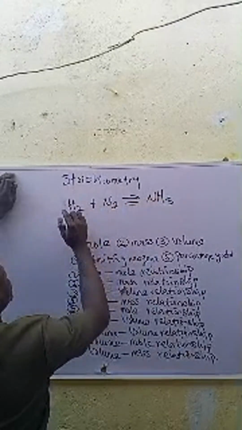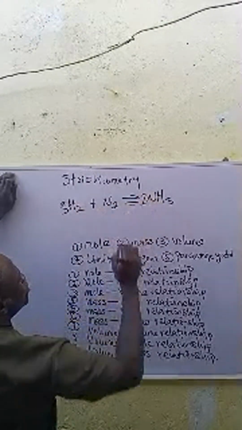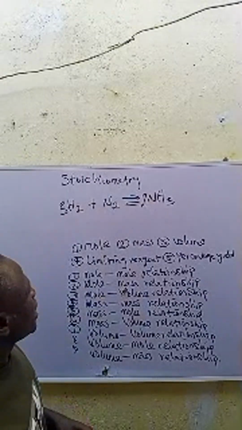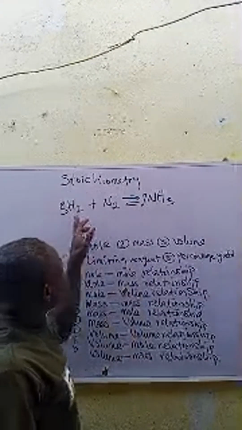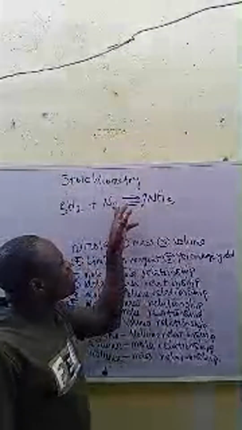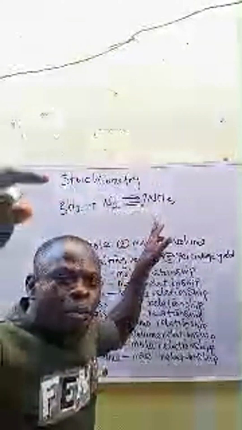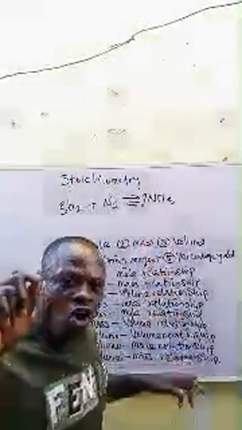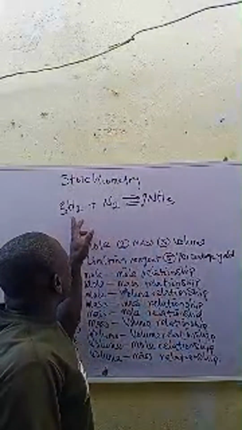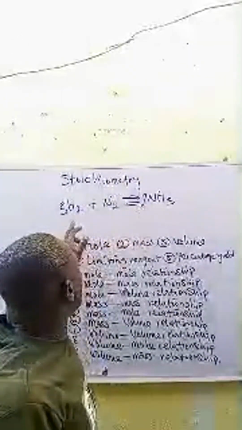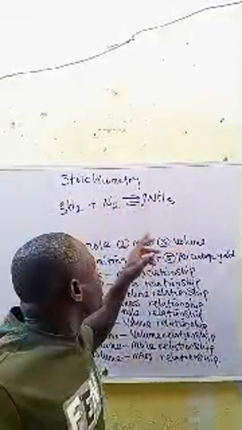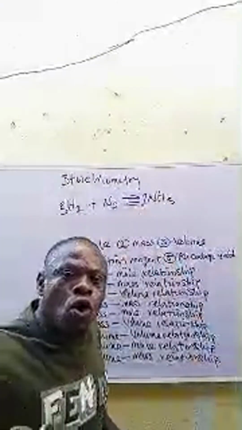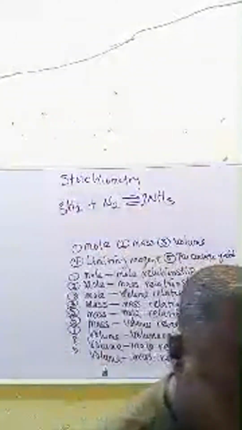Now you will be asked: 2 moles of hydrogen react with nitrogen to give you how many moles of ammonia, or 0.5 moles of hydrogen gas react with how many moles of nitrogen to produce ammonia. That is what we call mole relationship.